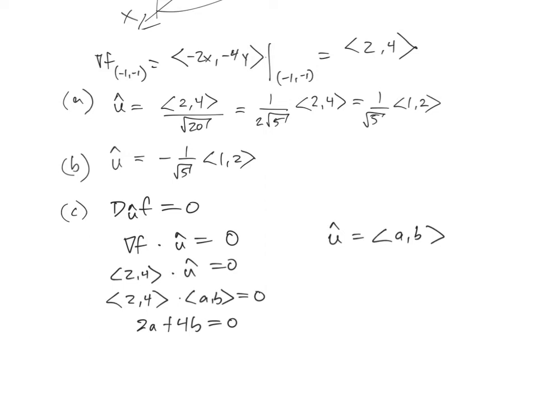Yep. A would be 2, B would be -1. Yep. Now we're looking for 2 directions, right? We know there's 2 just by what the surface looks like. So can you come up with another value for a and b? Yep, also works, right?